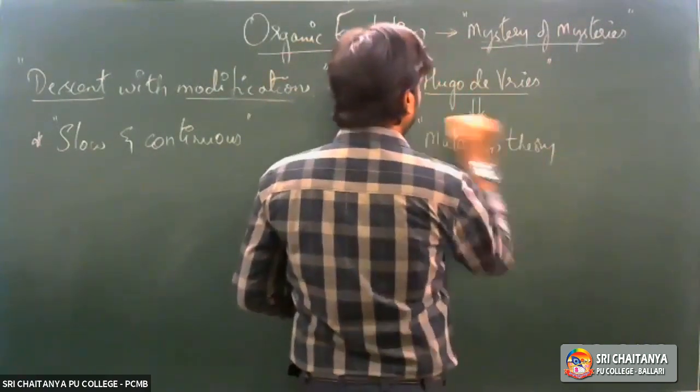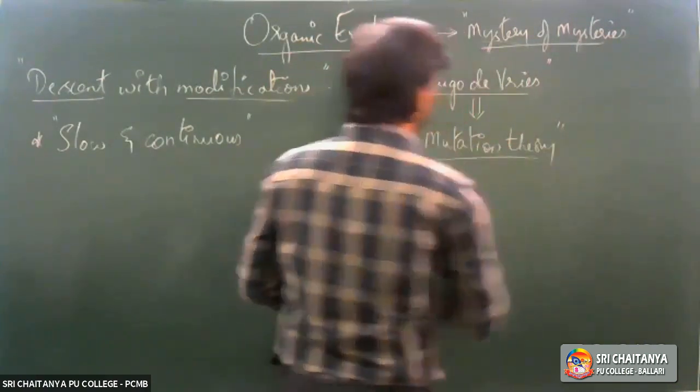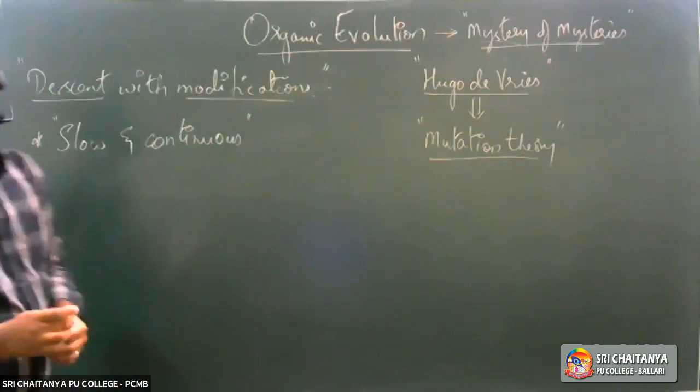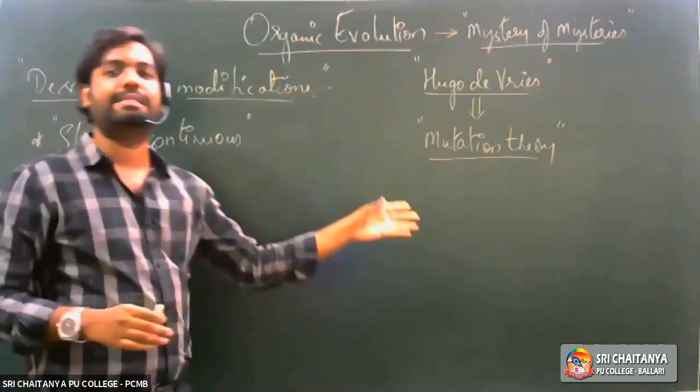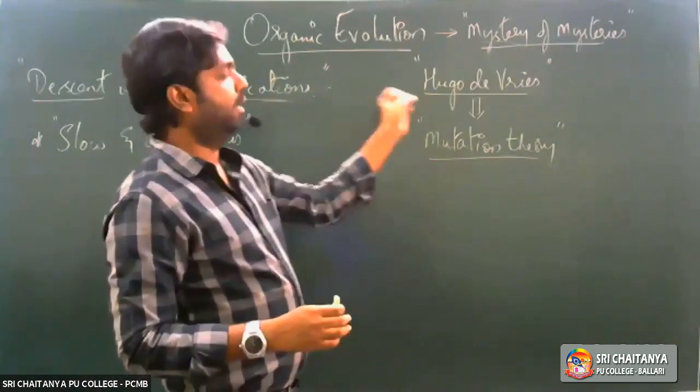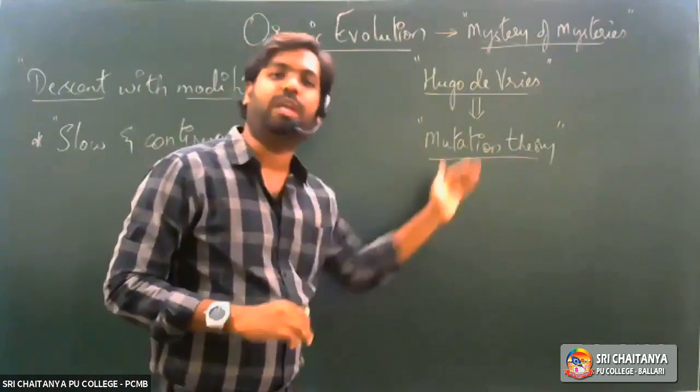So Lamarck came up with the theory of inheritance of acquired characters. Then came Darwin with his theory of natural selection. Then came Hugo de Vries with the mutation theory.